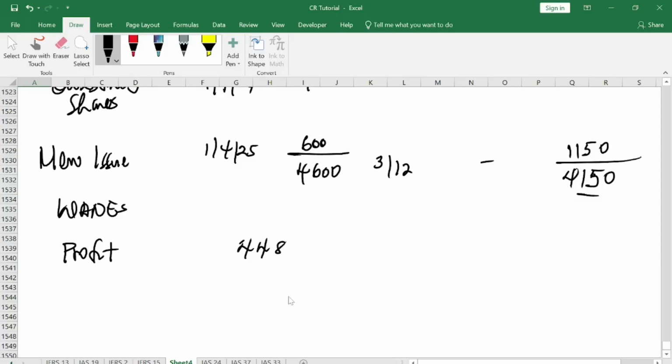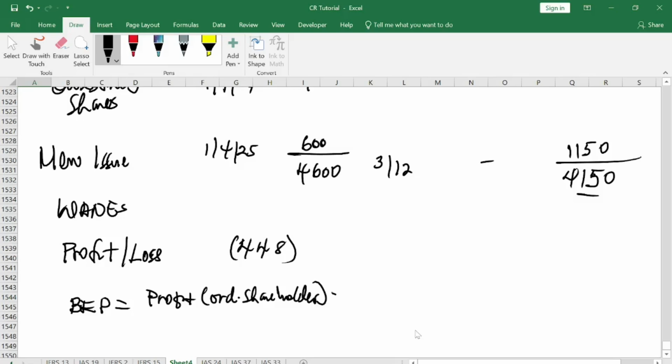That is the loss, or in brackets. The formula for basic earning per share is: profits attributable to ordinary shareholders, minus preference dividend, if any, all divided by your weighted average number of shares.